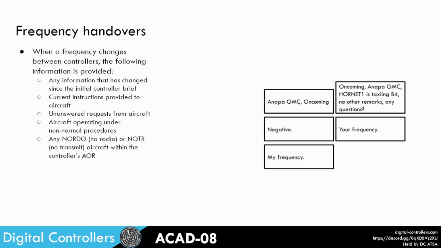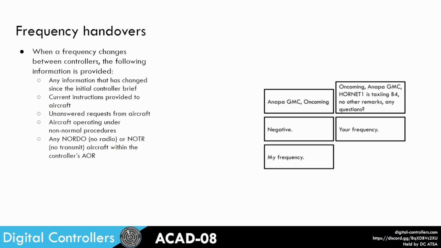We also want to give the oncoming controller what unanswered requests have been made by aircraft. We also want any aircraft that are operating on non-normal or emergency procedures.